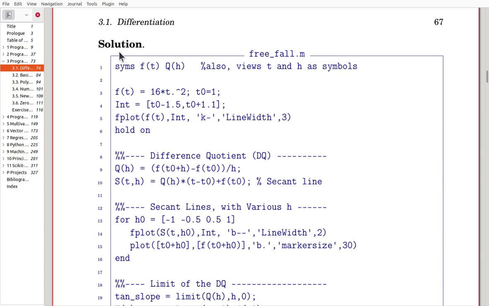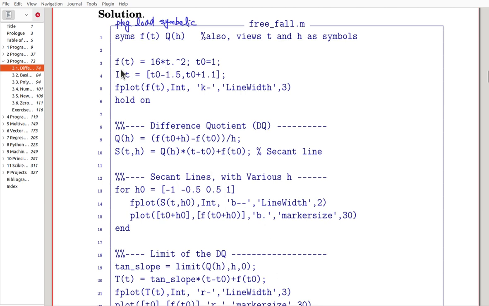The grammar for loading a package in Octave is given in this way: pkg load symbolic. And that's it. Then this program will run on Octave.